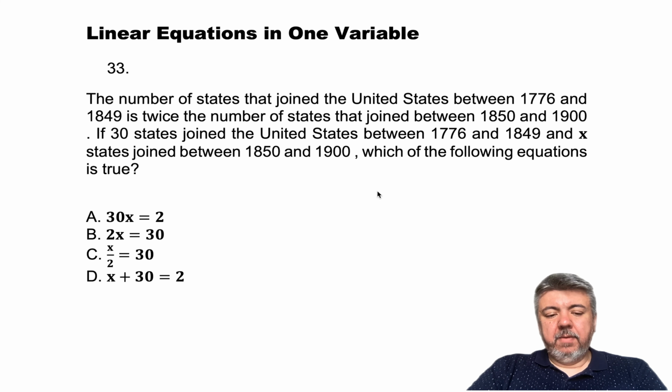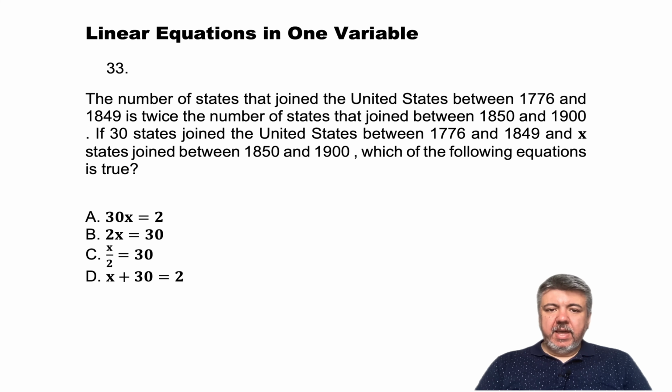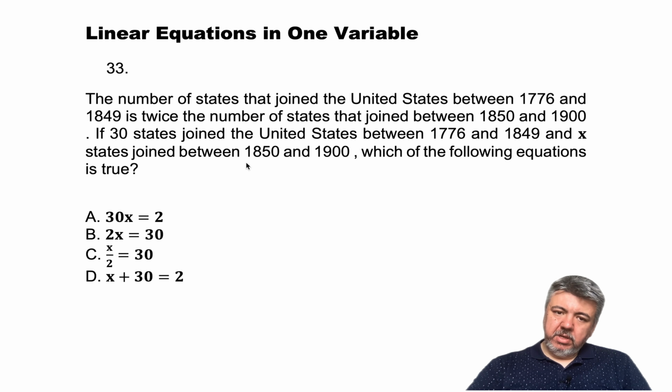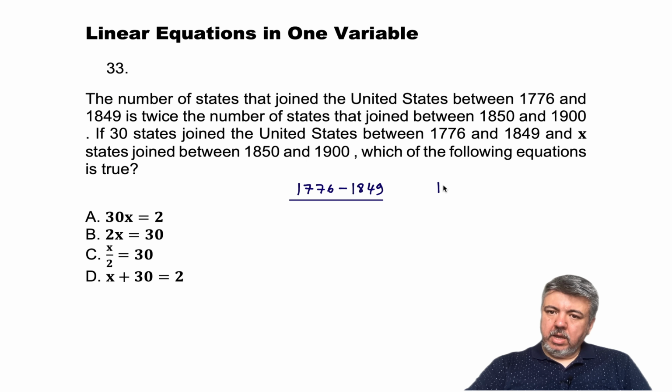Question 33. The number of states that joined the United States between 1776 and 1849 is twice the number of states that joined between 1850 and 1900. Let me draw something. 1776 and 1849, and 1850, 1900.